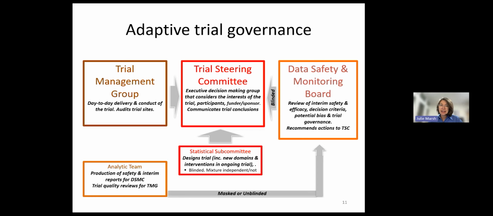And there's an analytic team who are informed by the statistical subcommittee or the design team of exactly what the model is, when the interims are performed. Statistical analysis plans are all produced by a blinded group, but executed by an unblinded group. So as you can imagine, the firewalls are really important under this situation. Next.